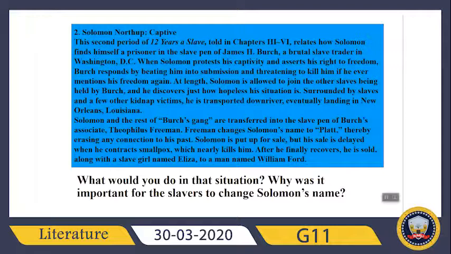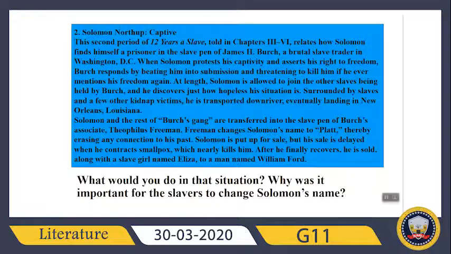Yes, about the name. In this situation, as a free-born man, Solomon Northup had his name, he even had a surname. And of course, what slavers are trying to do when they change his name from his real Solomon to something like Platt is, first of all, kill his free identity, and second, make his tracks, his traces, get lost.